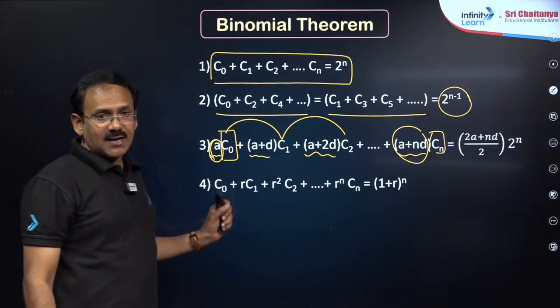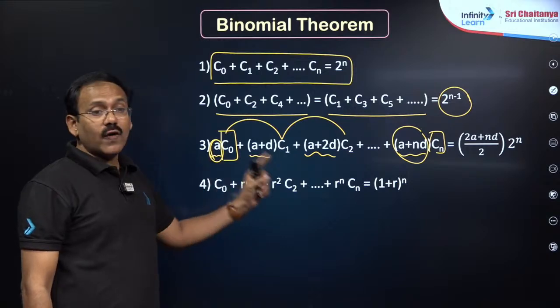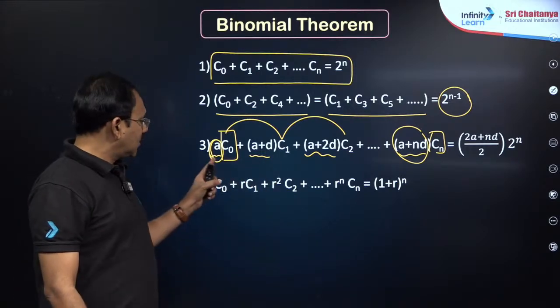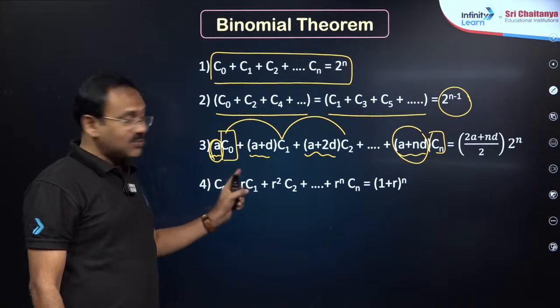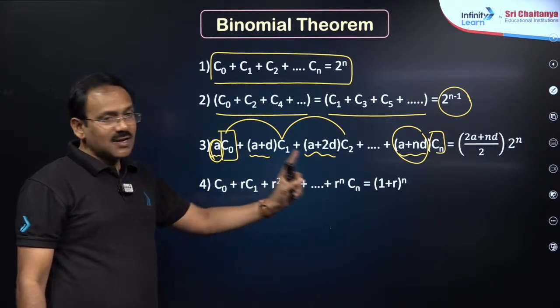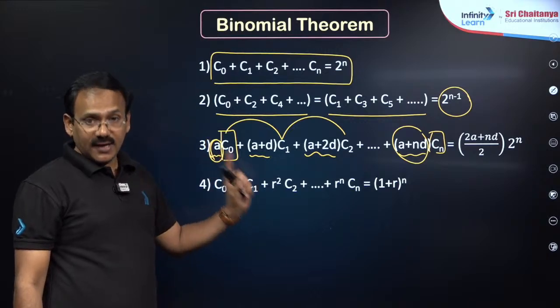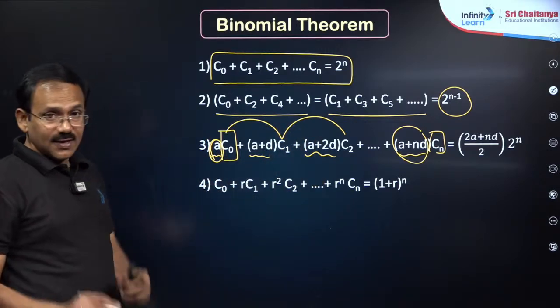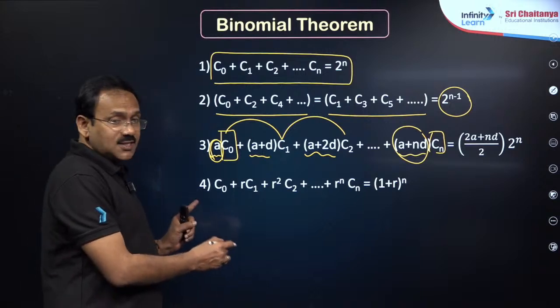If you are given a pattern where binomial coefficients are multiplied by numbers of an AP, the binomial coefficients must be there from C0 to Cn. The result is the first number plus last number by 2 of the AP, into 2 power n. Got it? This one, you see, these are in GP.